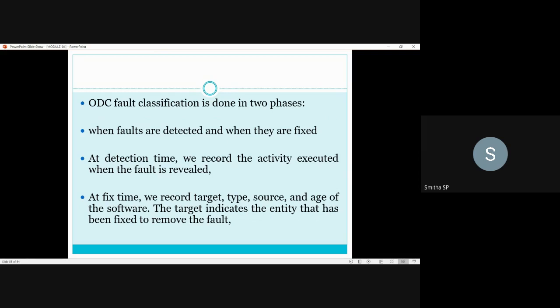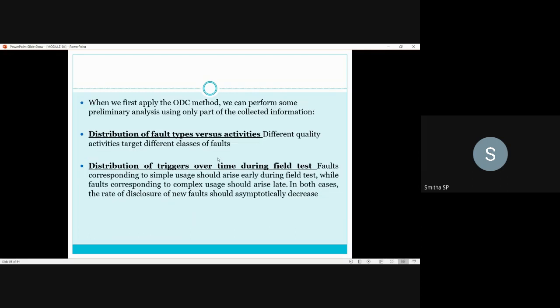At detection time you record the activity executed when the fault is revealed, and at fixing time we record the target, type, source, and age of the software. The target indicates the entity that has been fixed to remove the fault; that entity we call the target.